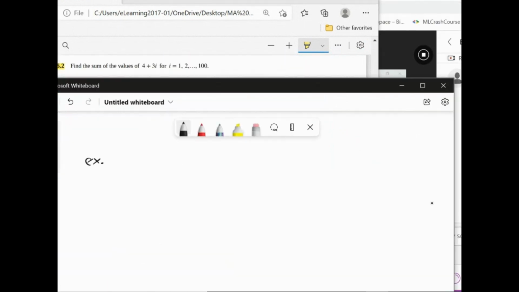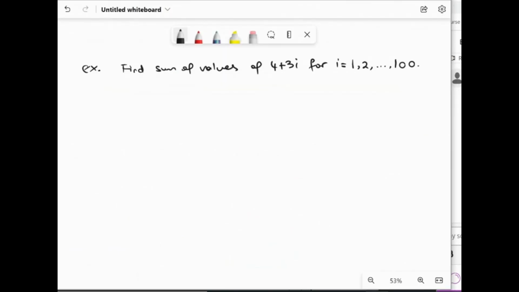So we would like to find the sum of the values of 4 plus 3i for I changing from 1 to 100. So let's write this using the sigma notation.